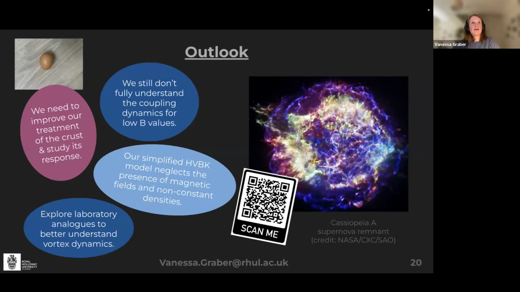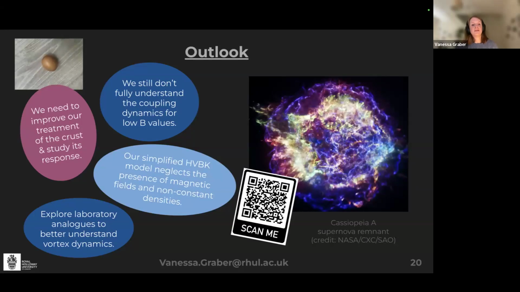Things that we are currently looking at include improvements of the treatment of the crust. As I said earlier, we just had the crust as a boundary layer. But in principle, in Daedalus, you can stick on a second superfluid shell or fluid shell on the inner core. So we're going to see if we can model this entire glitch process in a more realistic way.